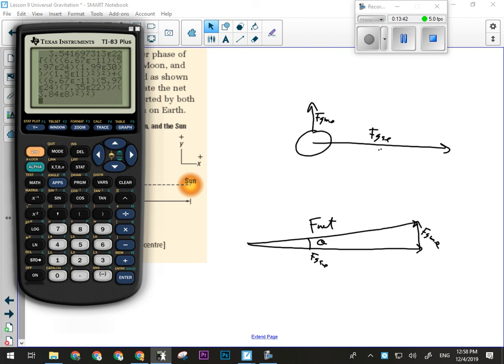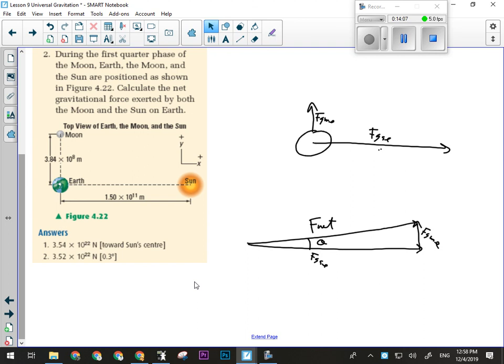I do. Shoot. I need one more bracket up here. See, this is why you shouldn't do it the way I just did it. No, I didn't do it. Anyway, I don't want to have to type in all those numbers again.